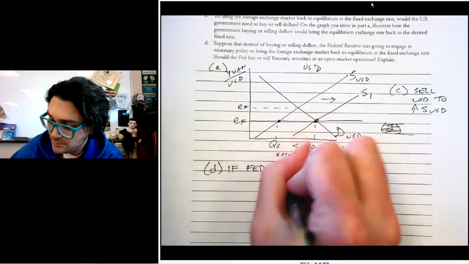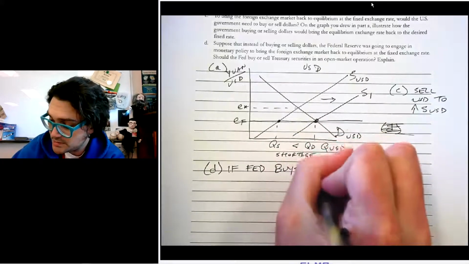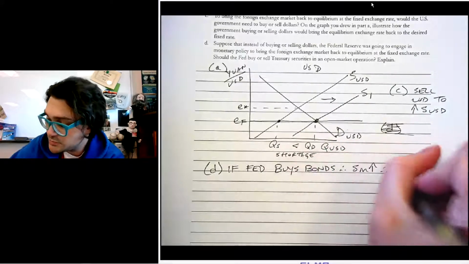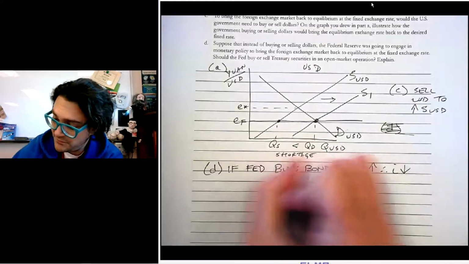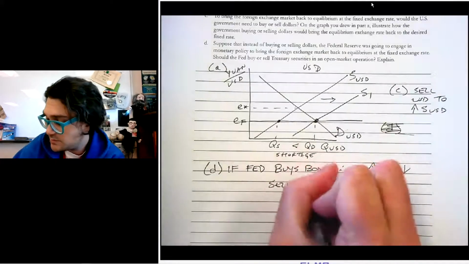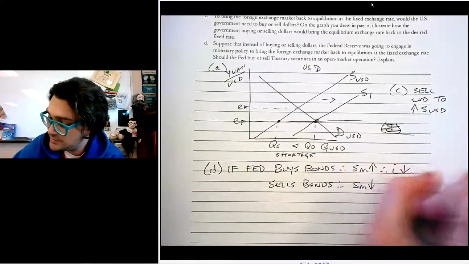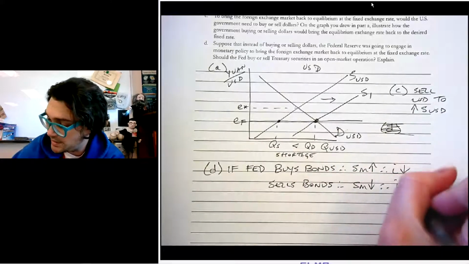If the Fed buys bonds, then the supply of money goes up and the interest rate goes down. If the Fed sells bonds, then the supply of money goes down and the interest rate goes up.